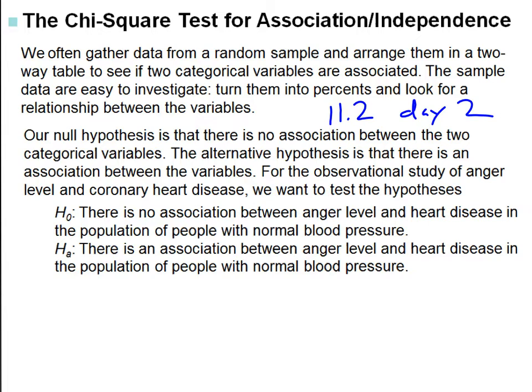Okay? Now, when you see independence, you can think of the kind of independence that we calculated in Chapter 5 when we really dove into probability. That's the same. This is just a little bit more of an in-depth test for it.